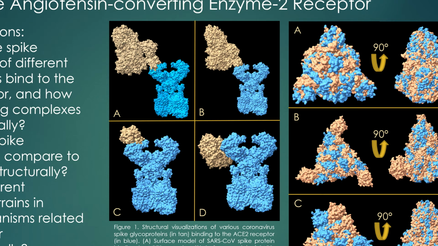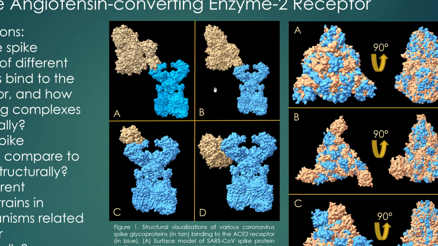And okay, so panel A shows in tan, where my mouse is right now, I hope you can see that. In tan, in panel A, that is the spike glycoprotein of SARS-CoV-1 from 2003. And it is binding to the ACE2 receptor in blue.